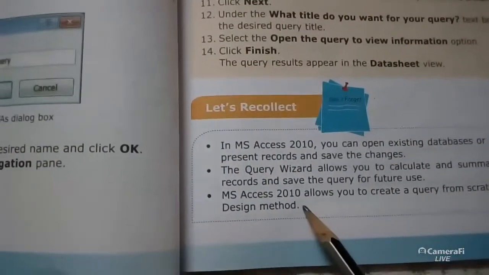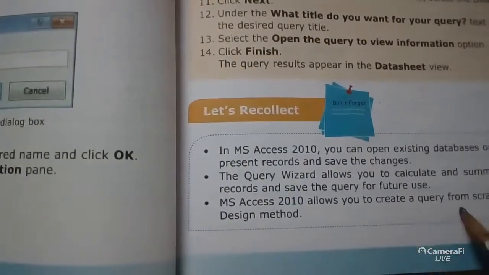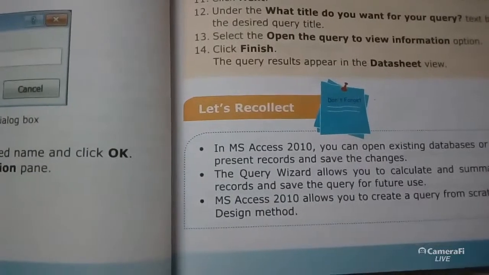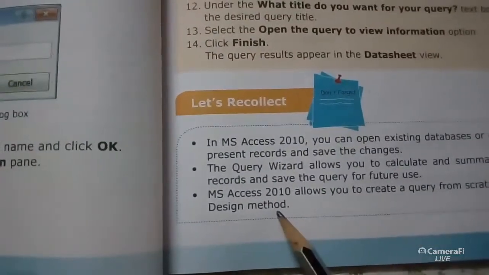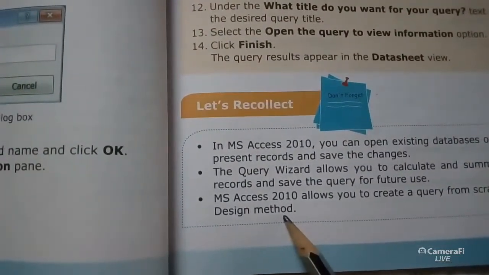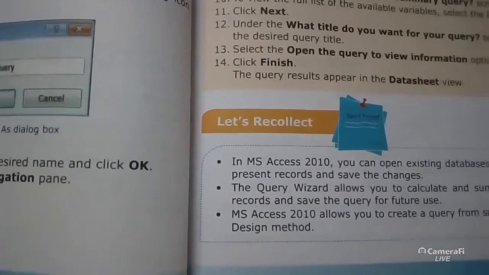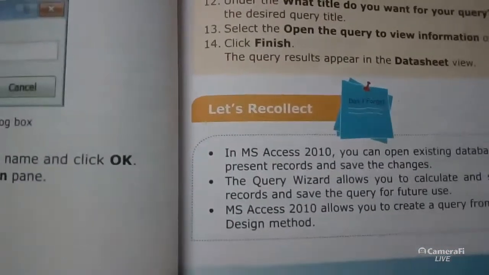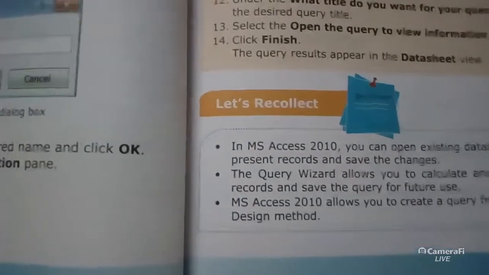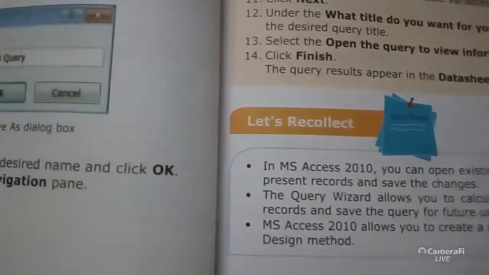MS Access 2010 allows you to create a query from scratch using the query design method. It is the end of the chapter. Then open it again. I will revise.